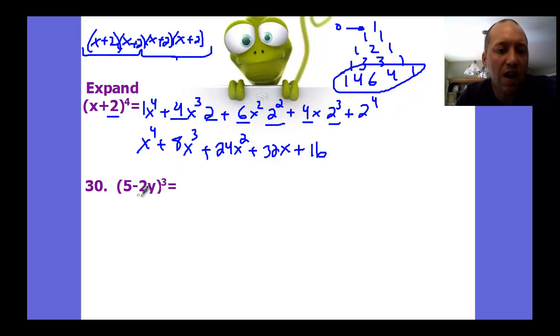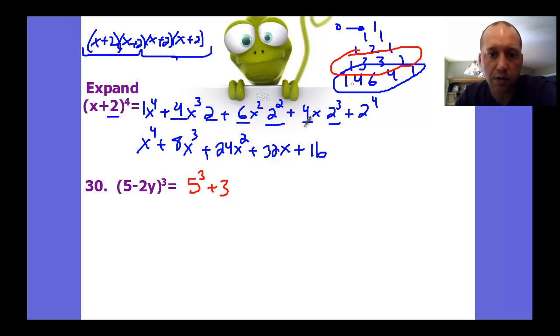So let's do it again. Let's do it for 5 minus 2y, a little more difficult, to the third power. The third power would have been this row. So we have 5 to the third power plus 3, and that comes from our Pascal's triangle, times 5 to the second power times negative 2y to the first power.